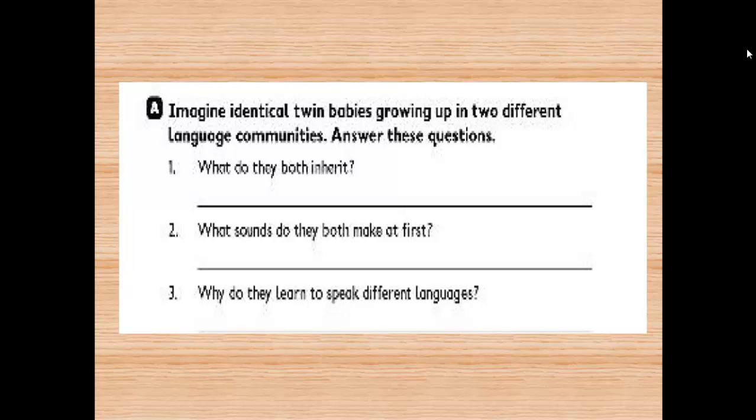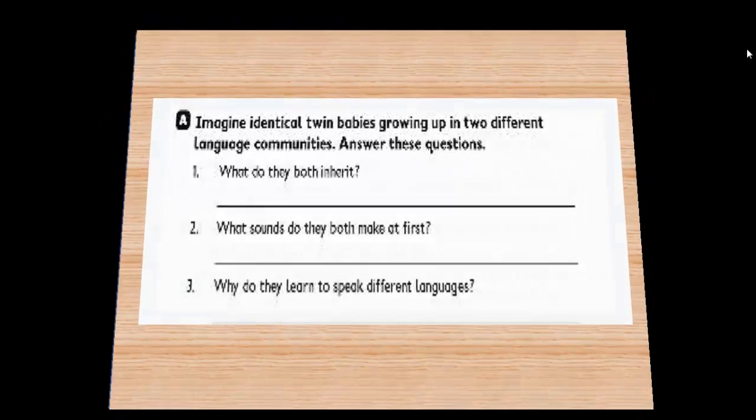Answer these questions. Number 1. What do they both inherit? Number 2. What sounds do they both make at first? Then number 3. Why do they learn to speak different languages? The answers.